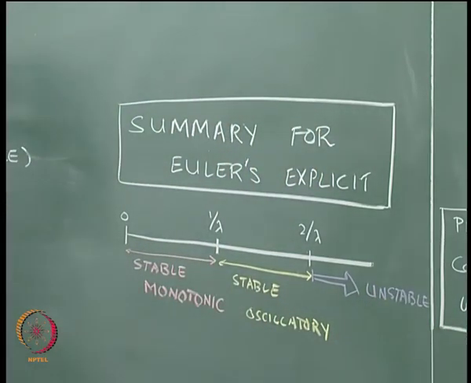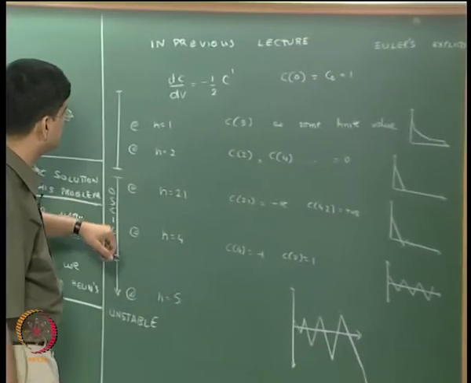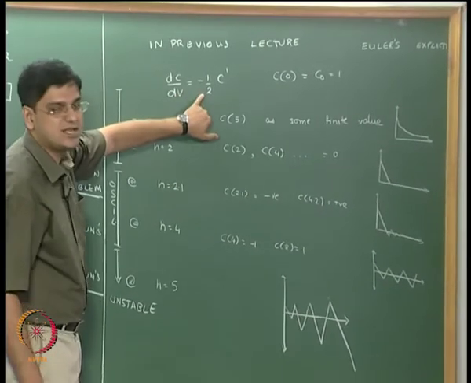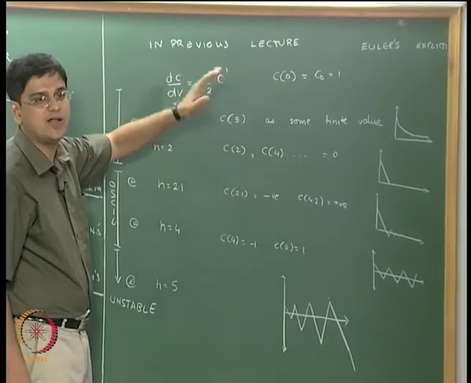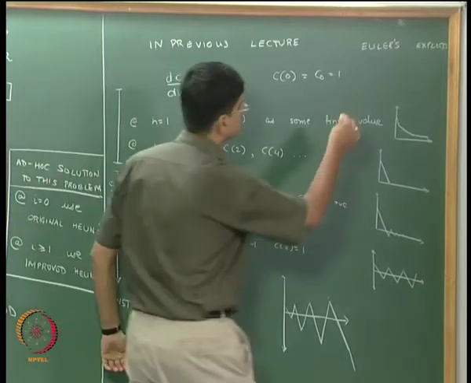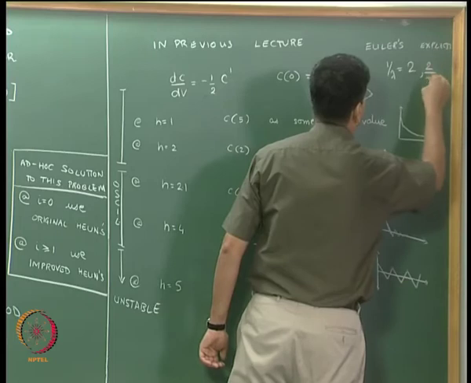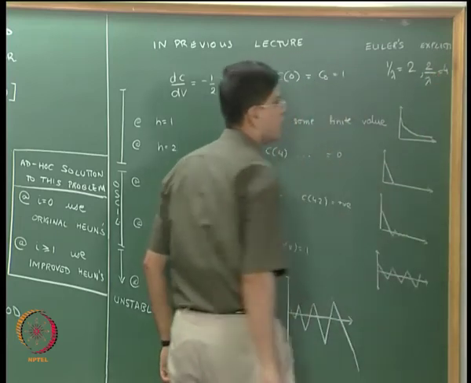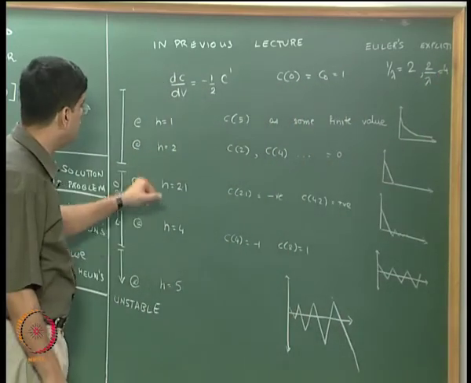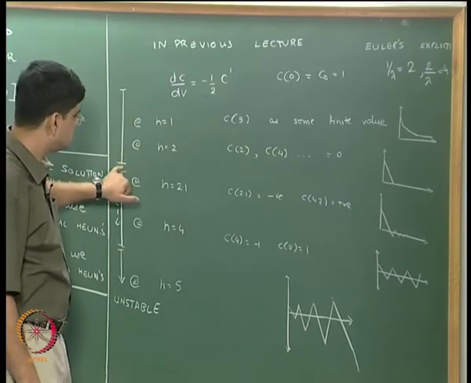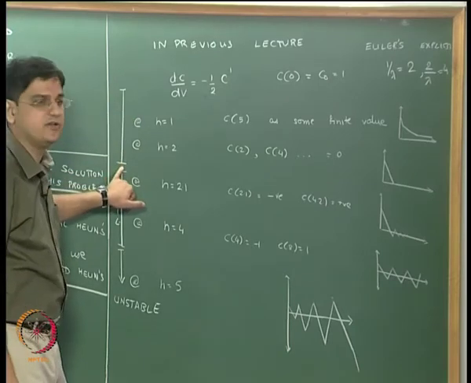Okay. So, let us go to the results of the previous lecture. In this particular case, lambda was equal to half. So, 1 by lambda is 2 and 2 by lambda is 4. Between 0 and 2 we get stable and monotonic behavior.